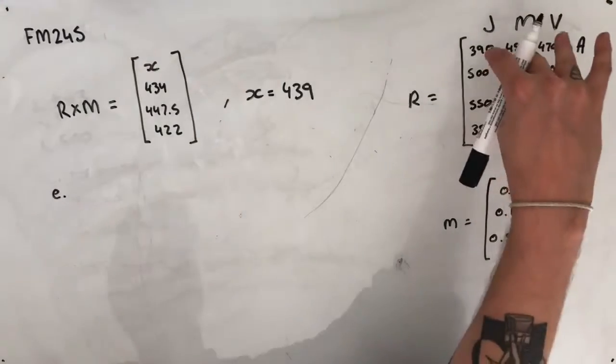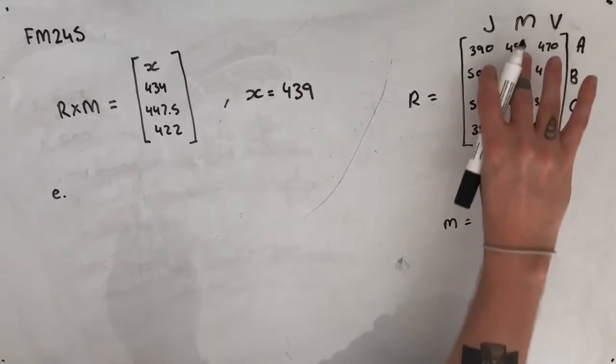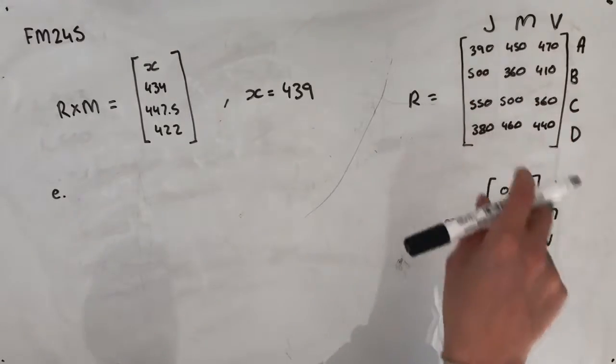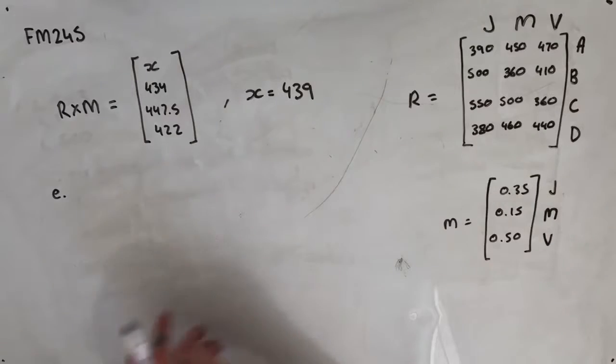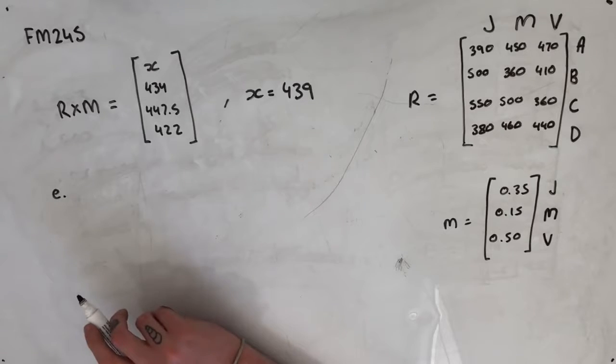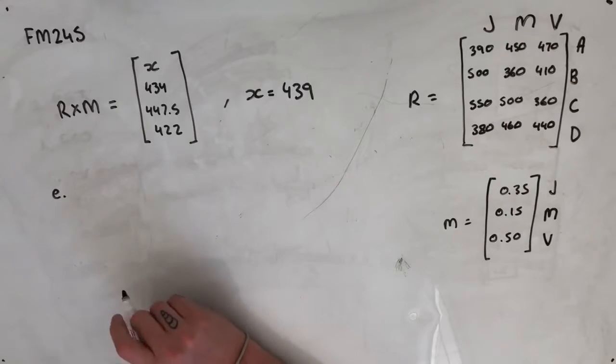What this means is we take these three elements, the 390, 450, and 470, turn them on a 90-degree angle clockwise, and then multiply them with each of the elements in matrix M and add those products together.